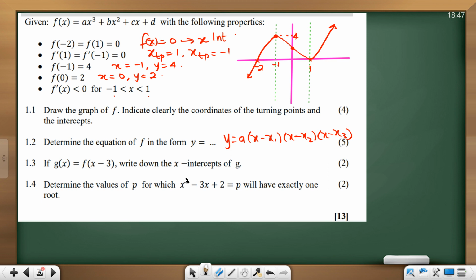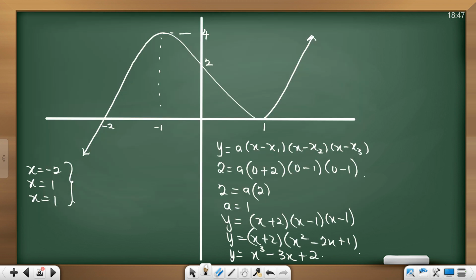g(x) is equal to f(x minus 3). What are we doing there? The graph is shifted horizontally. Where? 3 units to the right. Write down the x-intercept of g. We are moving this graph 3 units to the right. What are your x-intercepts?